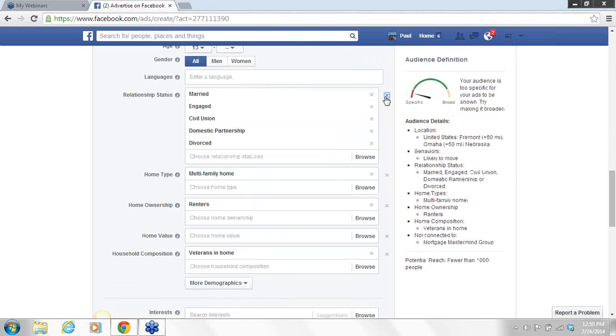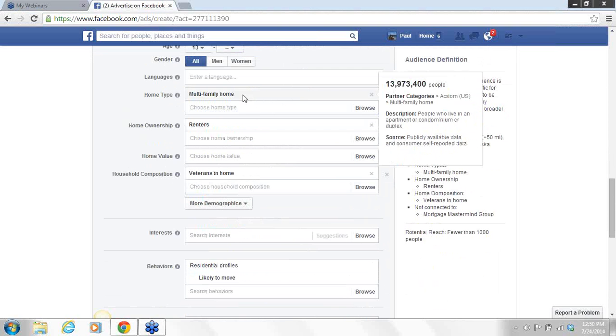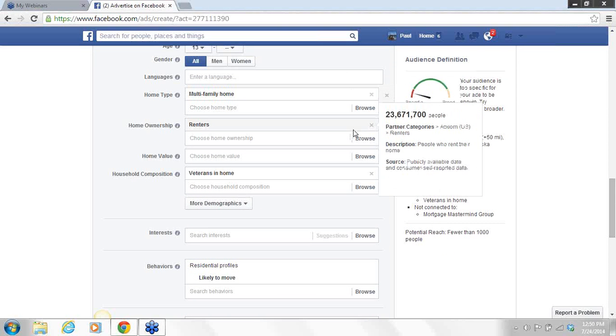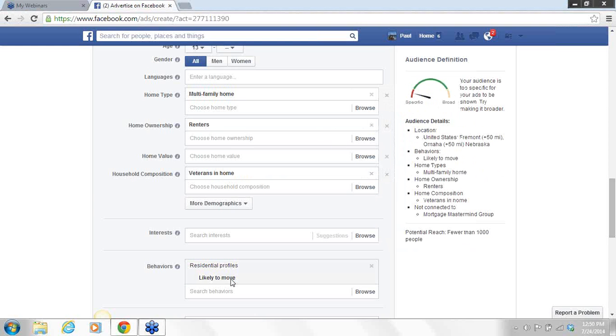I'm going to take off the relationship type. So what I'm looking for are people that live in and around the Omaha, Fremont, Nebraska area. They live in a multi-family home, most likely an apartment or a duplex, or they're not in a single-family home. They're renters right now. They're veterans, and they are likely to move.